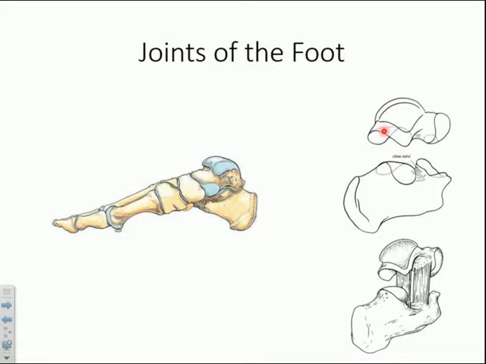So when we do see movement here, it is a gliding type movement, but it tends to be on a bit of a pivot. So if you imagine somewhat similar to a saddle, if you were riding saddleback and were to move from one side to the other, you would create a lean where your body would lean one side or to the other.